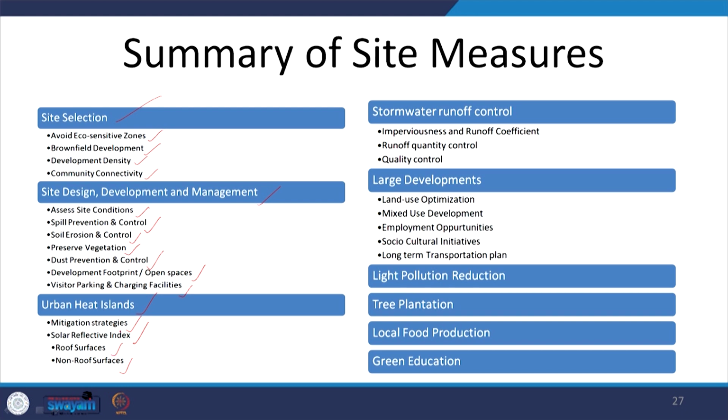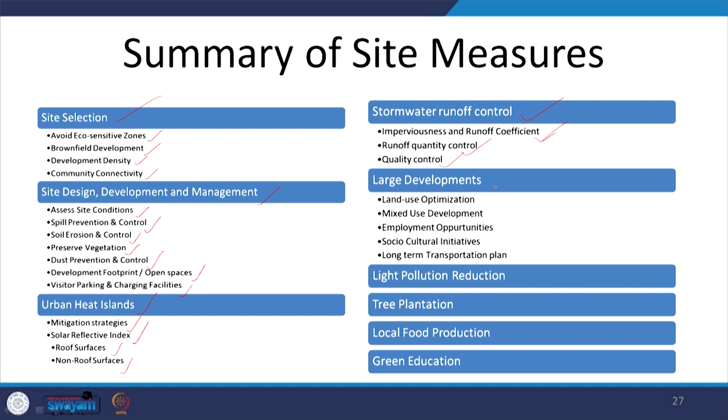Next, we discussed stormwater runoff control, where we talked about imperviousness and runoff coefficients, the runoff quantity control and also the quality control. We looked at strategies for each one of these, and we also looked at the calculations and the quantification of all these measures.